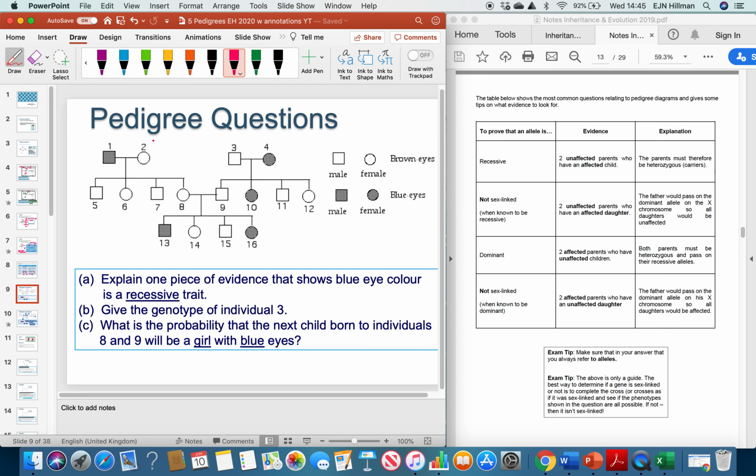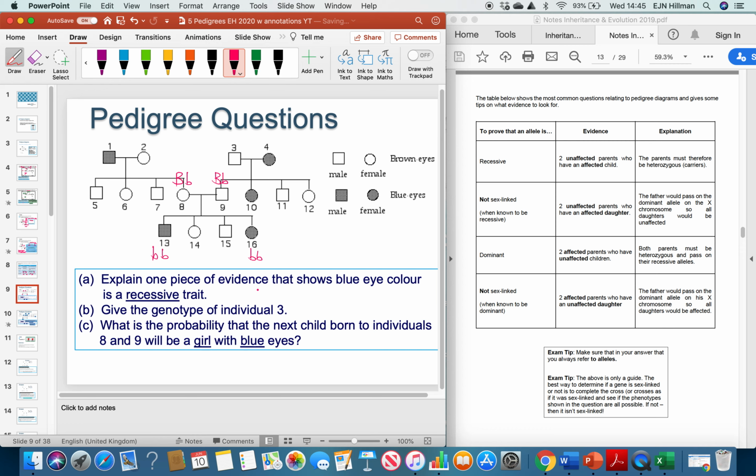So here we can see 8 and 9 both have brown eyes. However, they have 13 and 16 with blue eyes. So we can therefore assume that 8 and 9 are both heterozygous. 13 and 15 are both homozygous recessive and therefore have blue eyes.